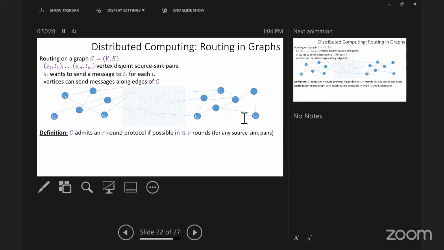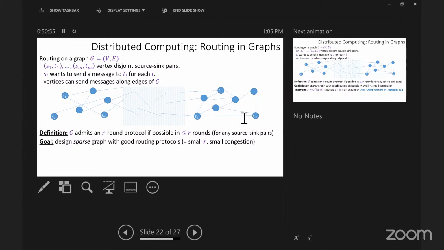Okay, so we say that the graph G admits an R-round protocol if there is a protocol that succeeds in R time to pass all of the messages from each Si to Ti. And roughly speaking, the goal in this problem is to design a graph which is sparse, but at the same time admits good routing protocols.